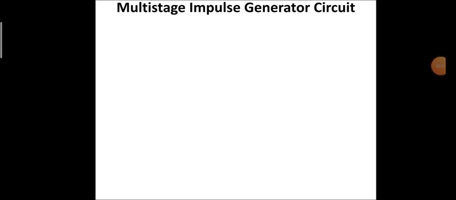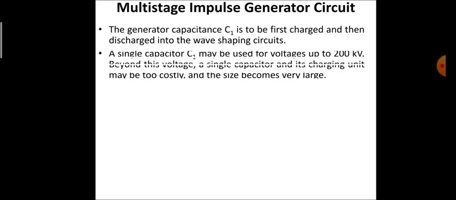So in the last video we had seen what a multi-stage impulse generator circuit is. This circuit is nothing but the Marx circuit.